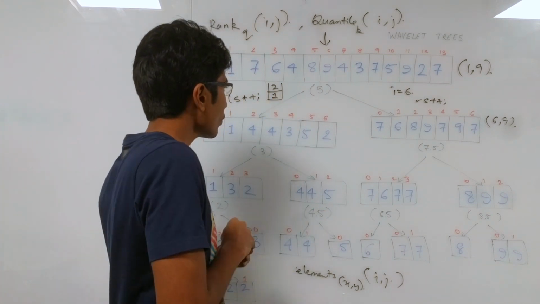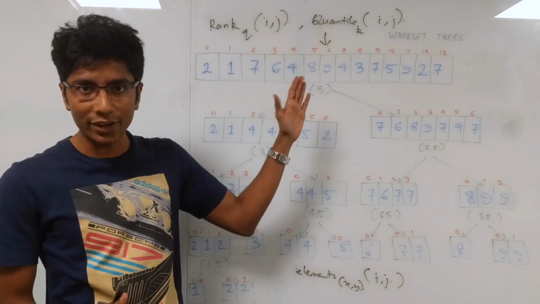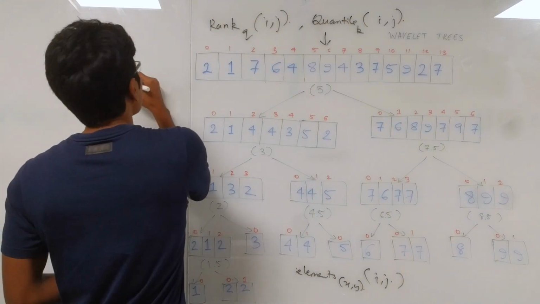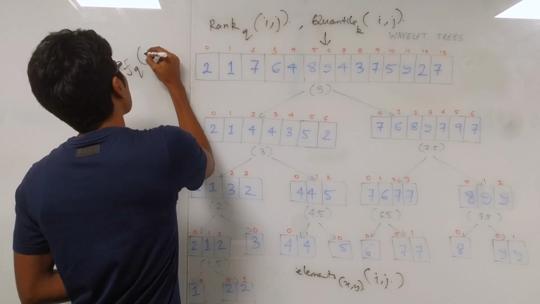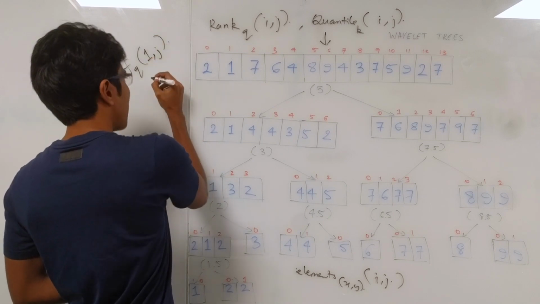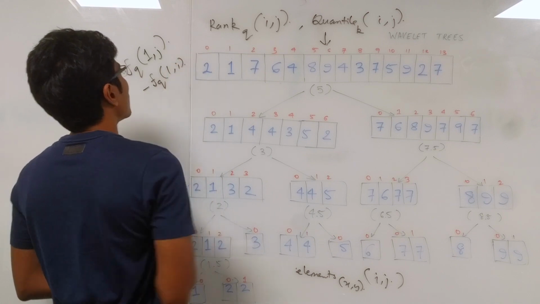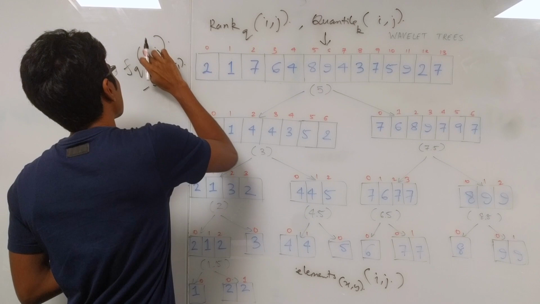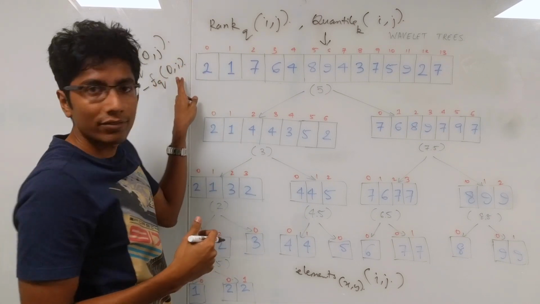Okay, so I need to find the frequency of Q in the range I to J. I can simplify by saying that I need to find the frequency of Q in the range 1 to J minus the frequency of Q in the range 1 to I. Actually it's 0, because it's 0 indexed, so I don't need to have this 0 thing.